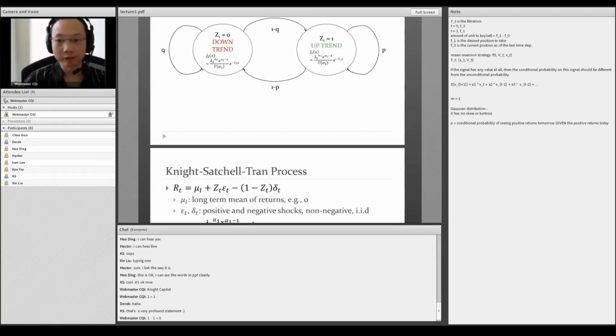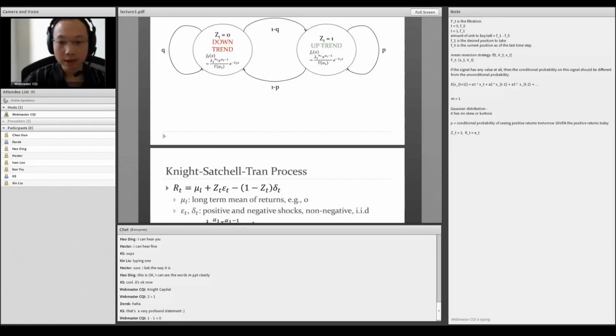Let's assume the long-term mean is 0. So when Z equals 1, R_t equals epsilon_t, very obvious, because this term disappears and the coefficient is 1.